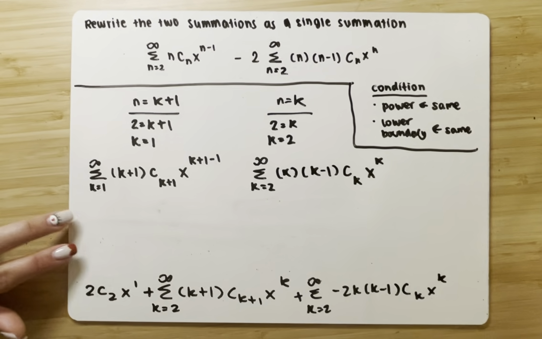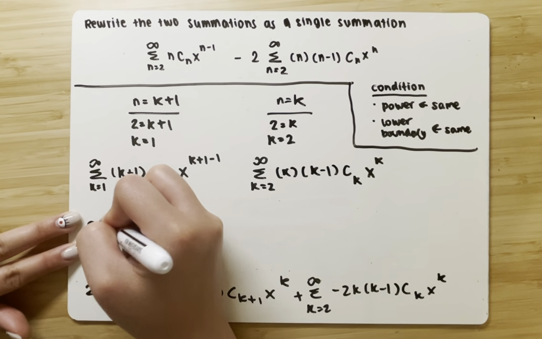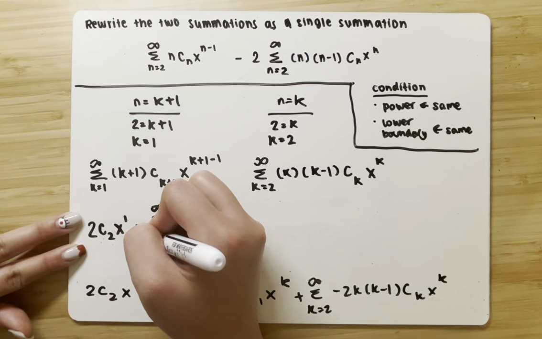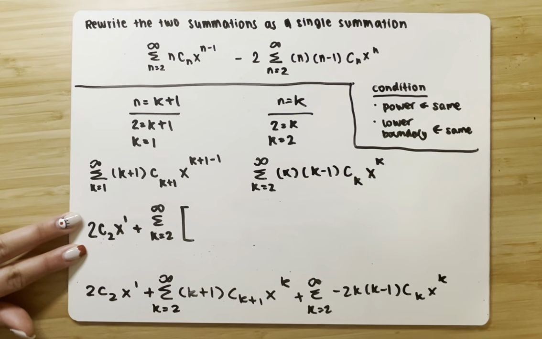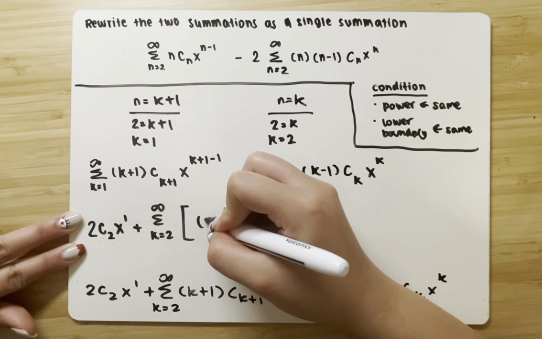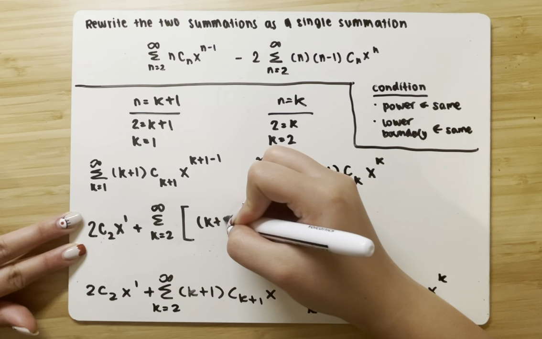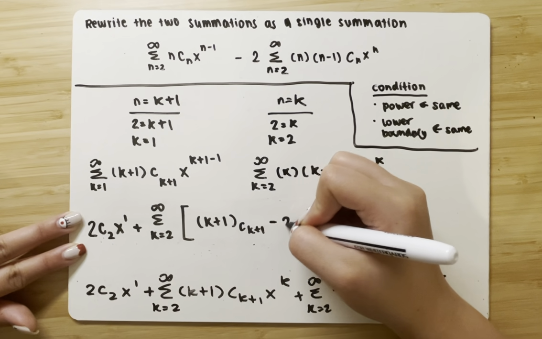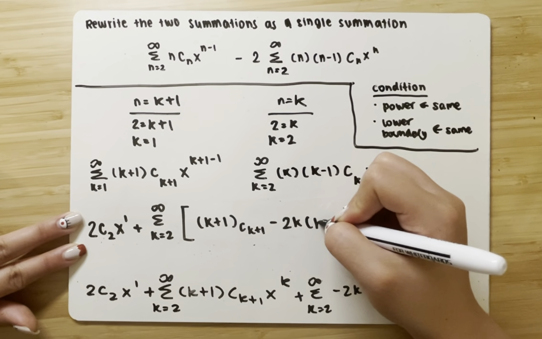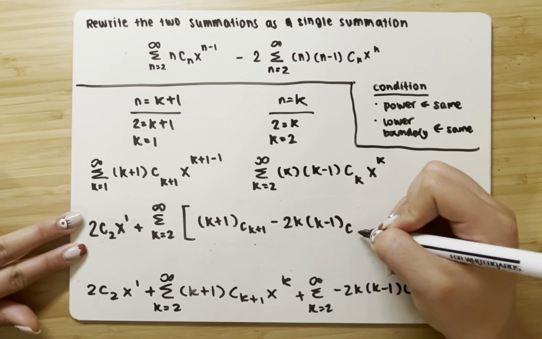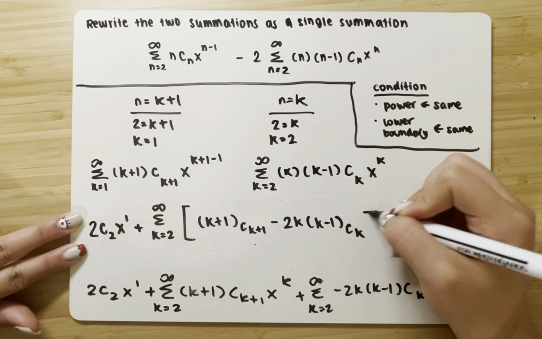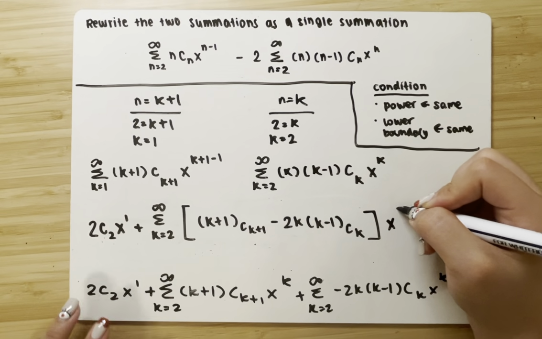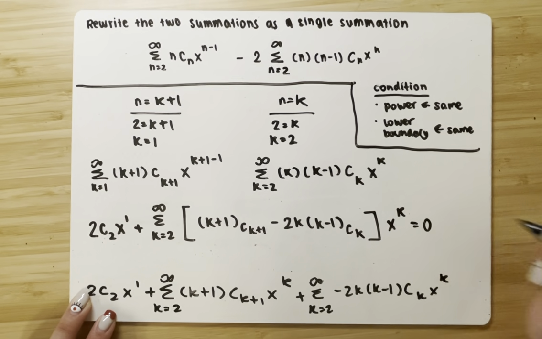So you have 2c sub 2, x to the first power plus this, k equals 2, and then you want to multiply it by k plus 1, c sub k plus 1 minus 2k, k minus 1, c sub k, all that multiplied by x to the k power equals 0.